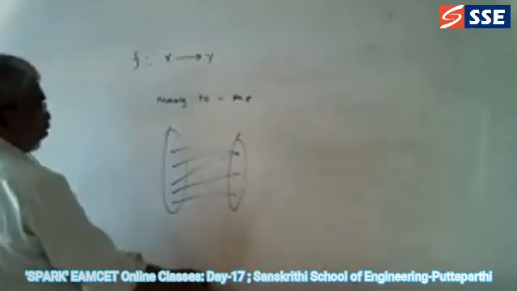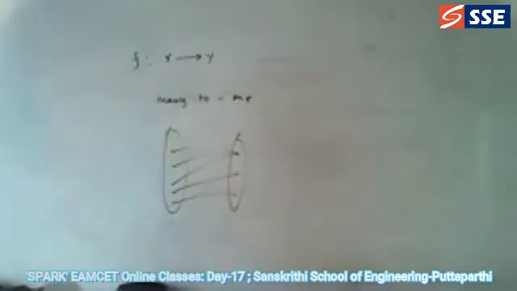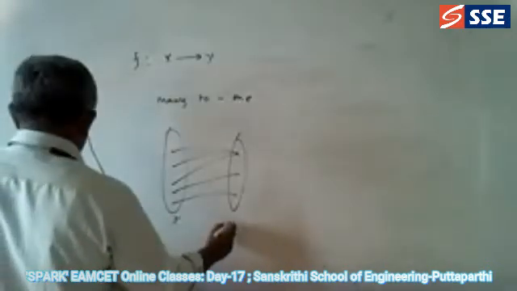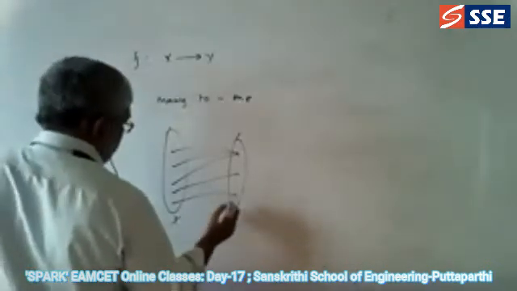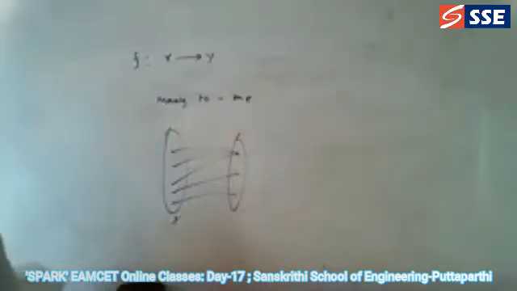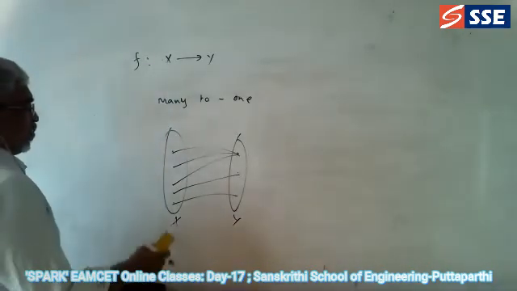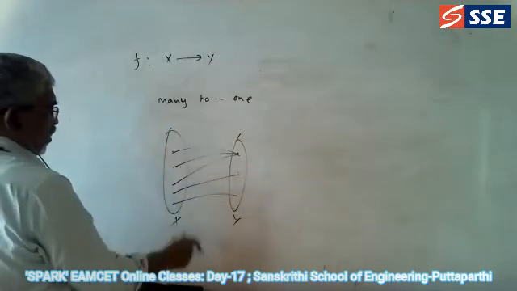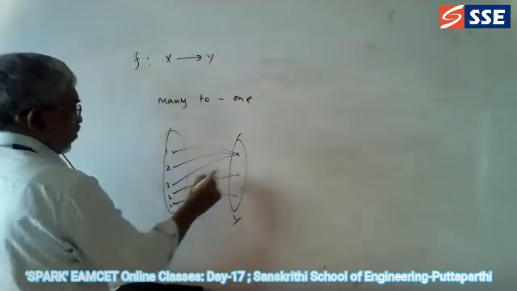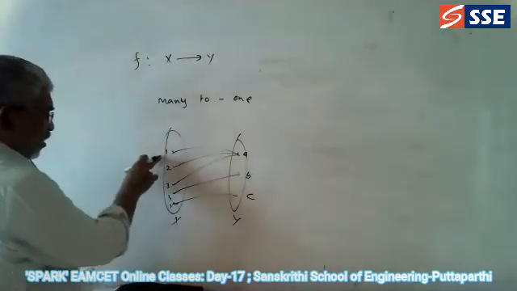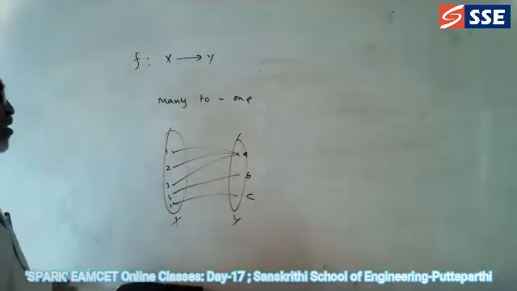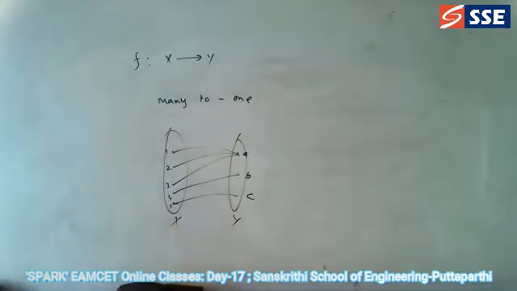Two or more elements in X have the same image in Y. For example, 1, 2, 3, 4, 5 and A, B, C. You can see that 1, 2, 3 have the image A, 4 has the image B, and 5 has the image C. So this is a many to one function.